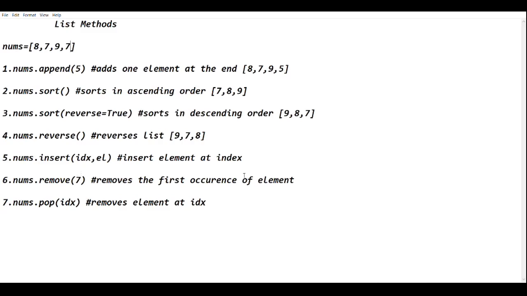It removes the first occurrence of the element, means the 7 is at the first index and the third index.